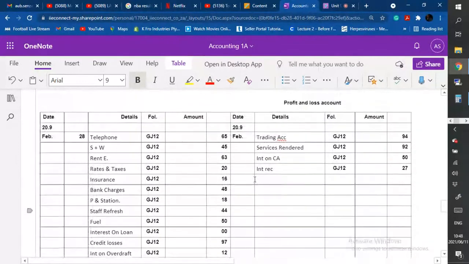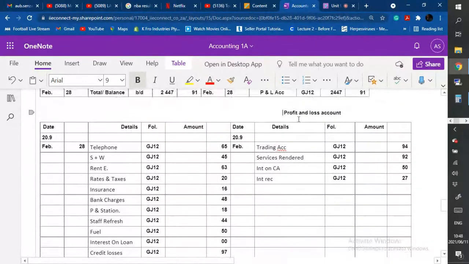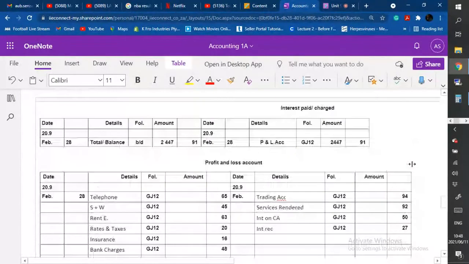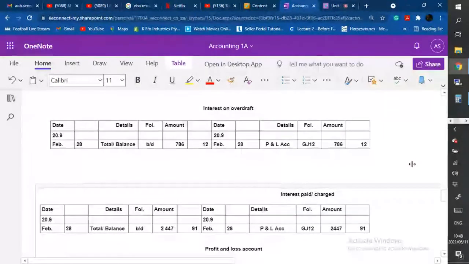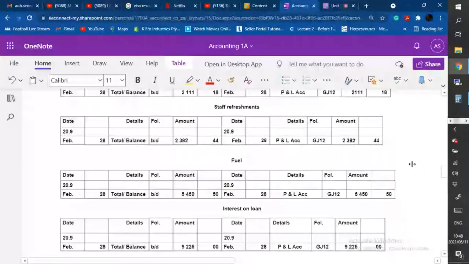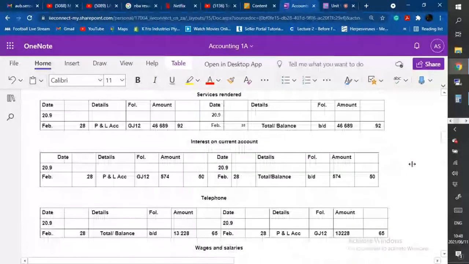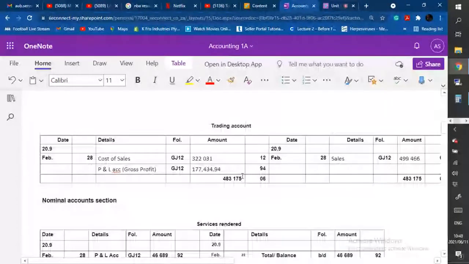So here can you see now we're completing the double entry in the profit and loss account. So we know that in the trading account, we posted, how much did we post? Let's quickly scroll up there. I think it was like 100 and something. That was the gross profit. That's what I'm trying to get from the trading account, just in case you're wondering.